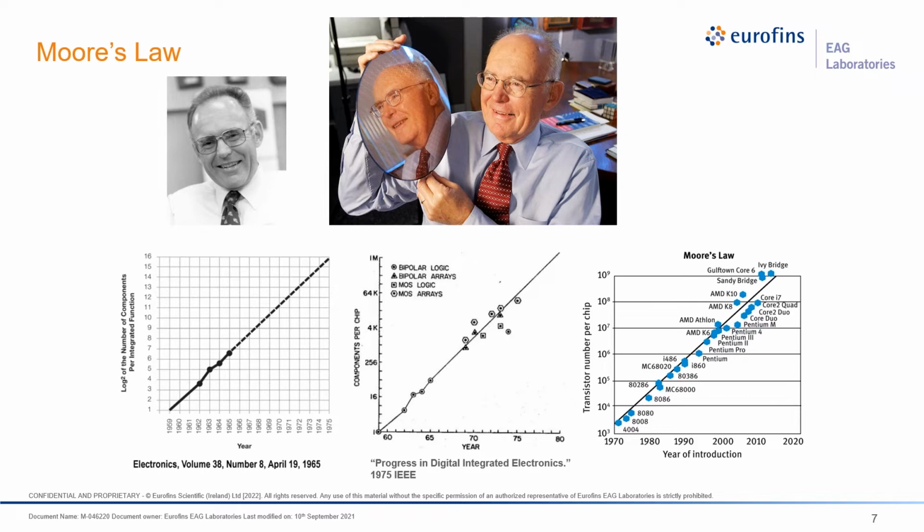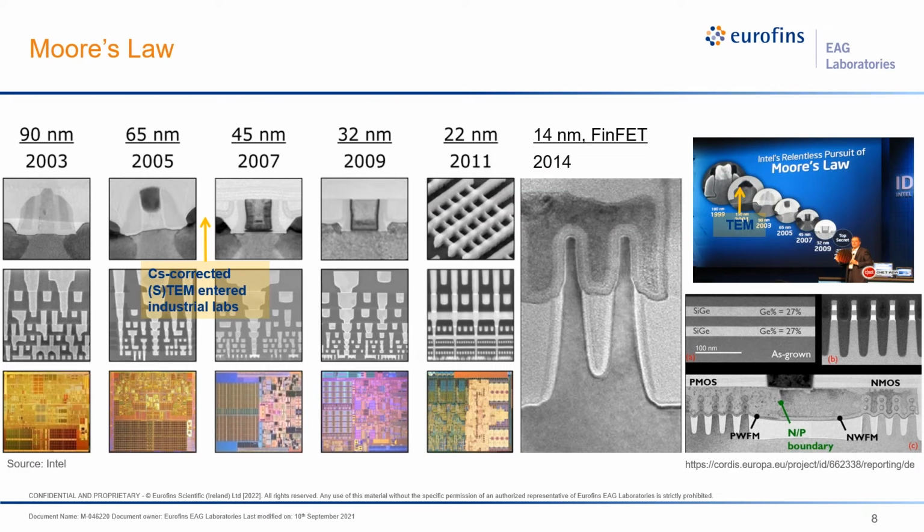Basically since the 1960s, the semiconductor device has been continuously shrinking for many years already. And this actually means the device is going to be smaller and smaller and smaller.